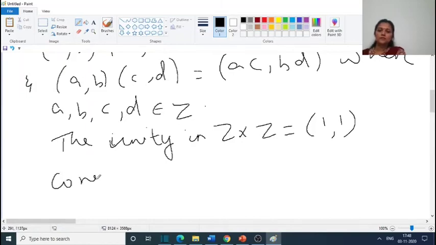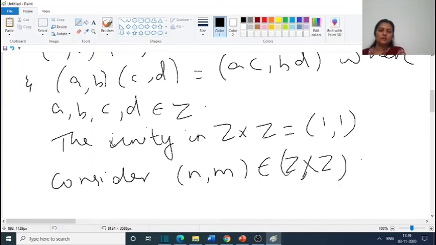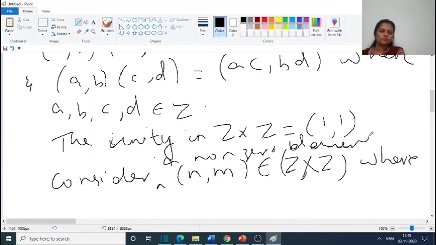Consider some (n, m) element of Z cross Z, a non-zero element, where n is not equal to 0 and m is not equal to 0.